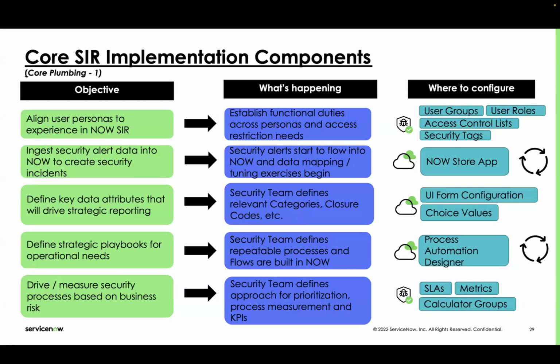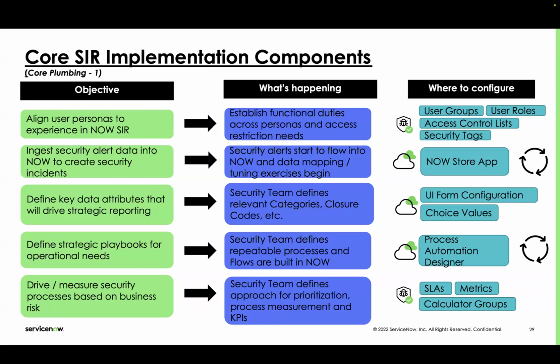And then thinking about how we're going to measure our process, looking at things like service level agreements, metrics, prioritization, those security calculators. One of the cool things again is we have the user data, we have the asset data in CMDB. And as security incidents come in and maybe it's associated with a particular user, we can leverage that business context to define how important is this to the company, that prioritization.